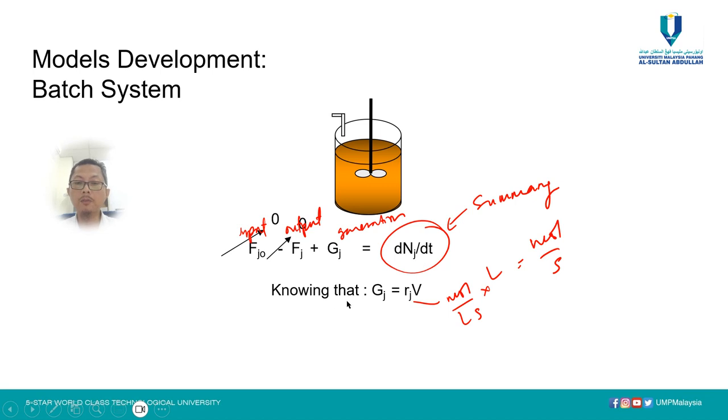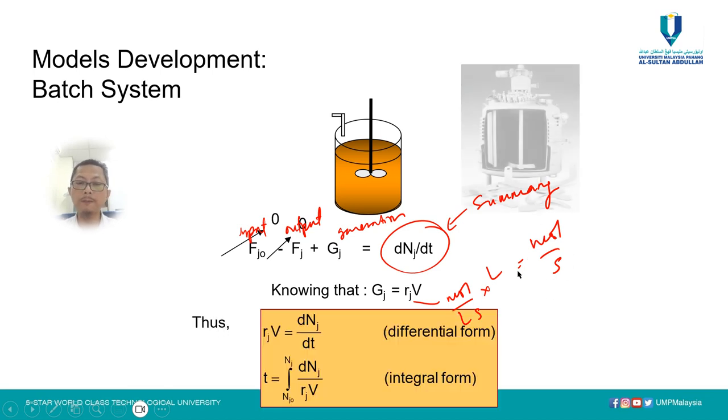As we also know, the generation for a reactor or reaction is the multiplication of r times V, where the unit of rate is mole per liter per second times the volume, giving mole per second. So this is the flow rate of the component.